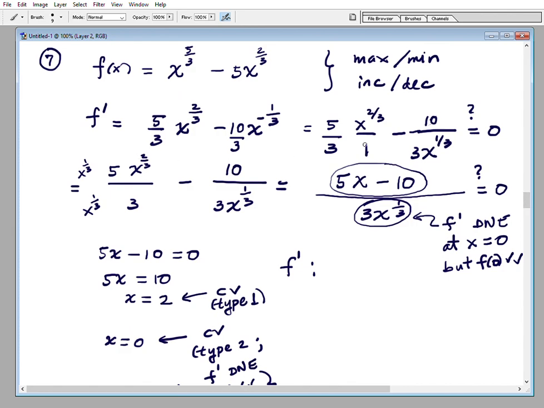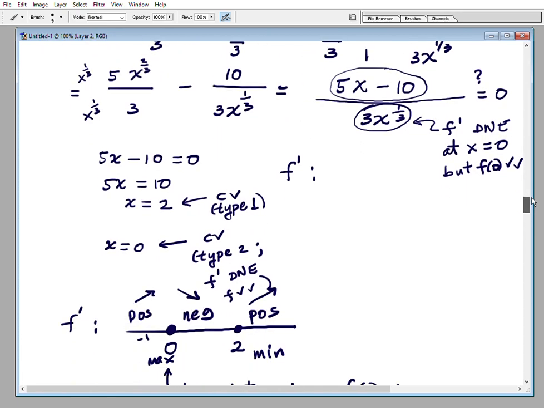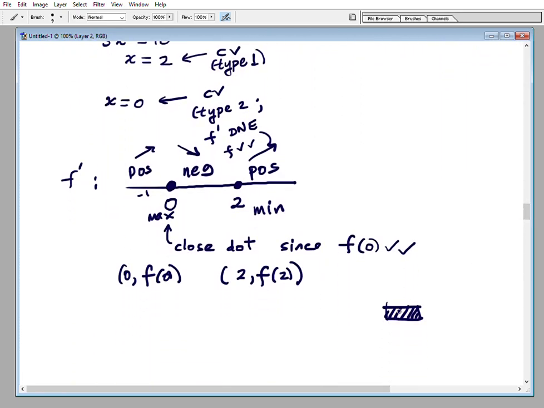For f prime, you end up with 2 fractions, and you have to find a common denominator and combine them into a single fraction. Then look at the numerator and look at the denominator, just like we did here. So use this as an example, as a model. You can always ask me questions on how to do that problem.